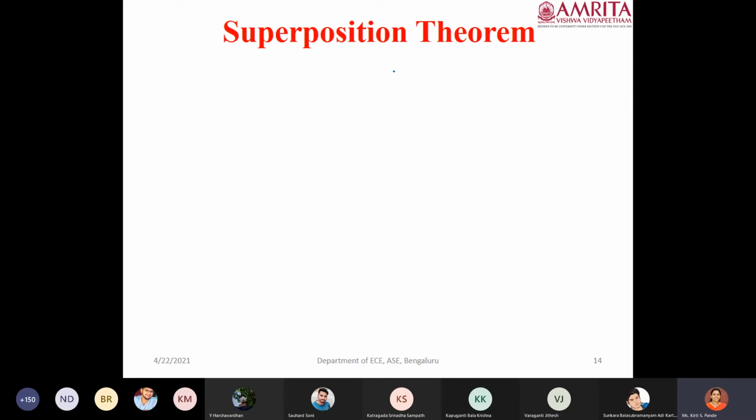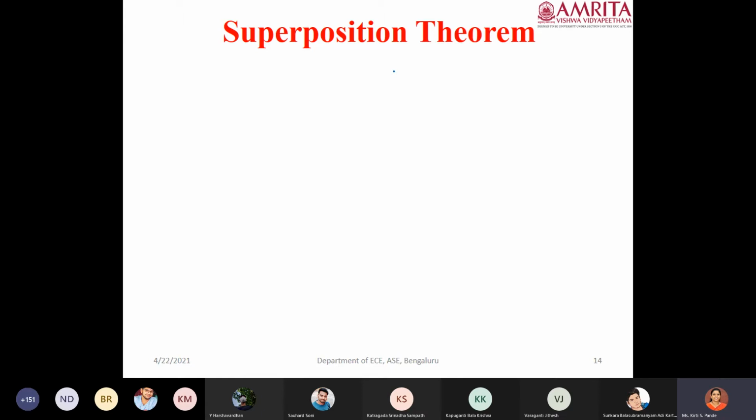You can very easily find out the current through an element and the voltage at a node using mesh analysis or nodal analysis, which forms the very foundation. But there is one more method, using the superposition theorem.